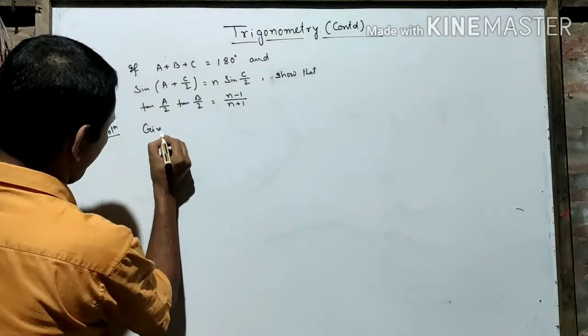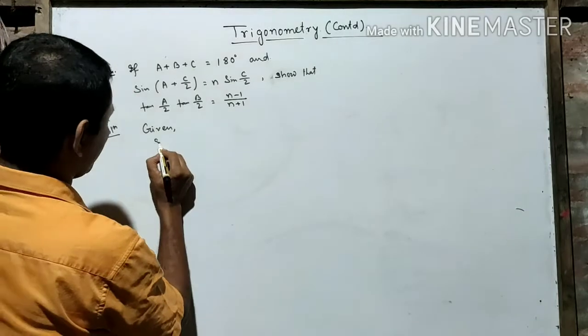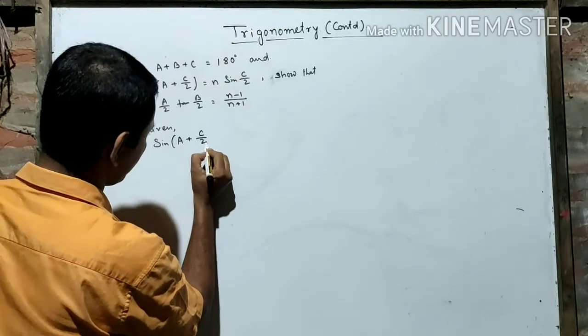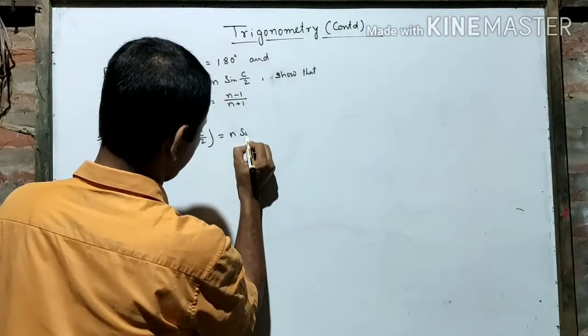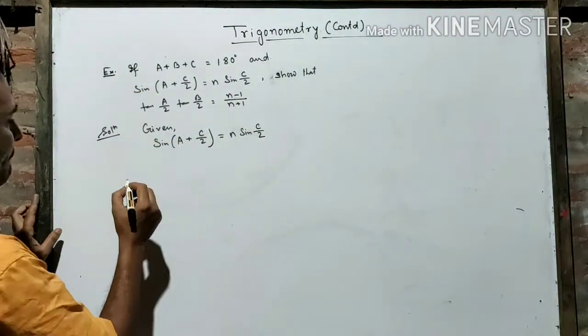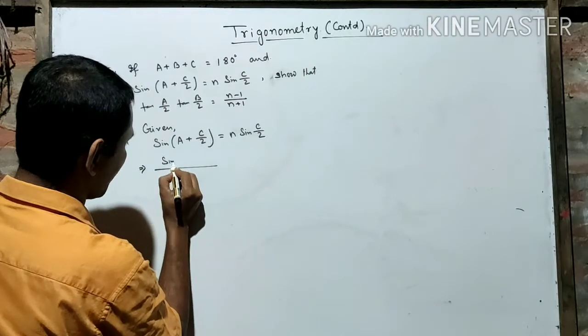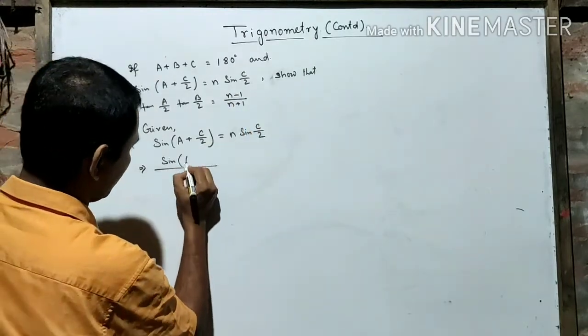Given, what is given? Sine of A plus C by 2 is equal to n sine C by 2. We are going to apply componendo dividendo so that we may get this part n minus 1 by n plus 1.